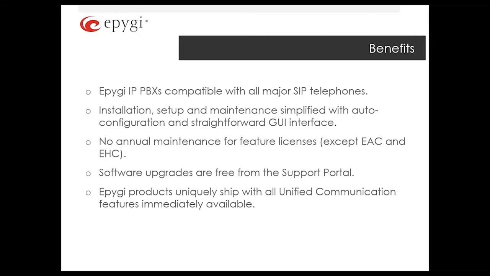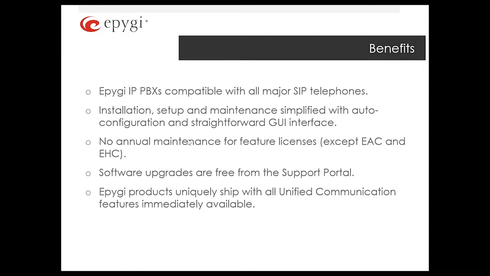Some of the benefits with the Epygi product line: we're compatible with all major SIP telephones, and we're working on adding new phones every day. A lot of manufacturers are always coming out with new phones, so it's a busy task trying to keep up with those, but each release we add some new ones. Installation, setup, and maintenance are simplified with auto configuration wizards and an updated GUI interface.